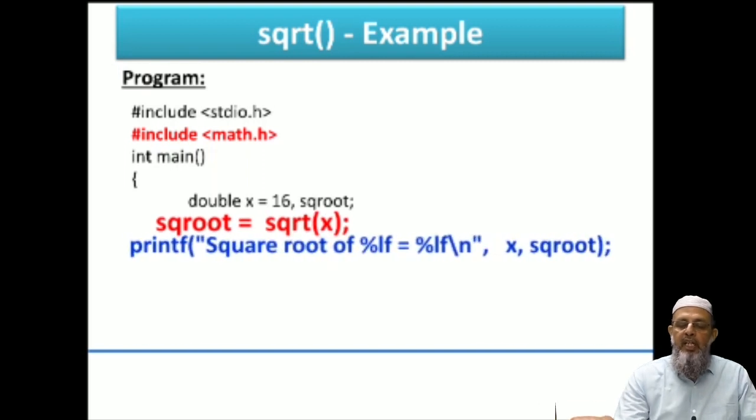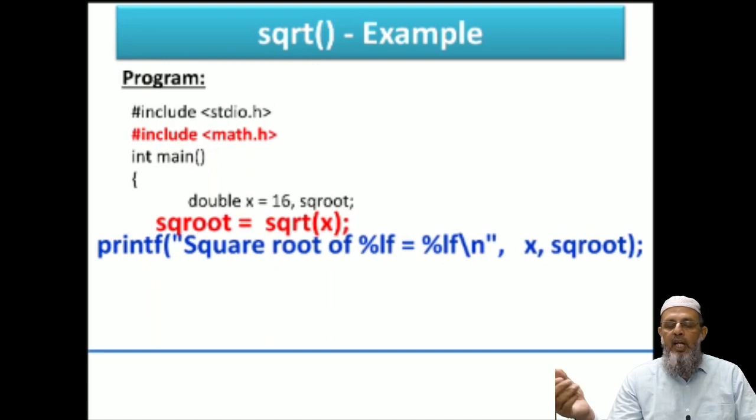So here the printf statement: square root of %lf. lf is the format specifier of double data type. Square root of %lf is equal to %lf, again double data type, because x is double and sqroot is also double. So square root of %lf is equal to %lf\n, comma x and sqroot.